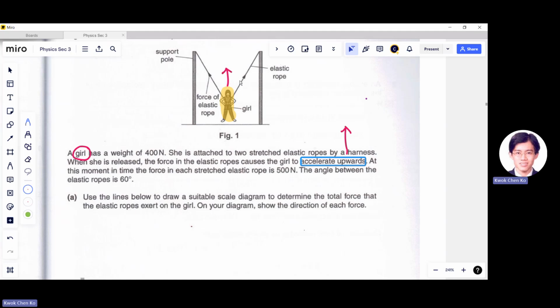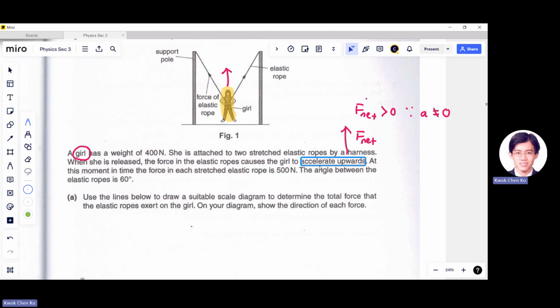Now, what else can we infer from this? It also implies that your net force is in the same direction as the acceleration, and there is a net force, for the simple reason that my acceleration is not 0. Okay, there is a net force, and this net force is in the same direction upwards as the acceleration.